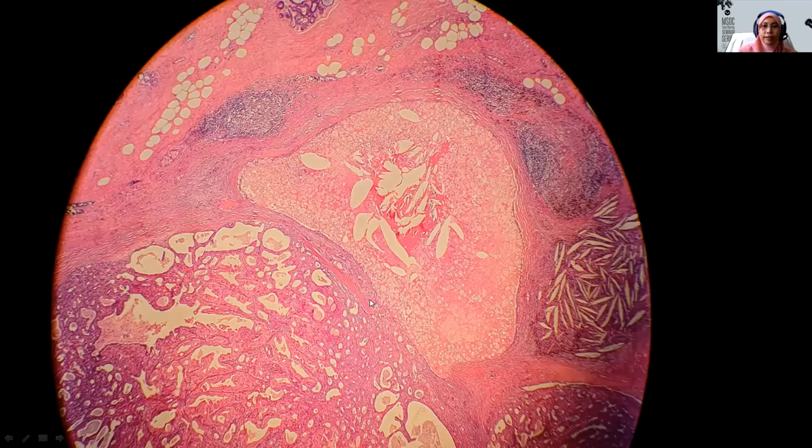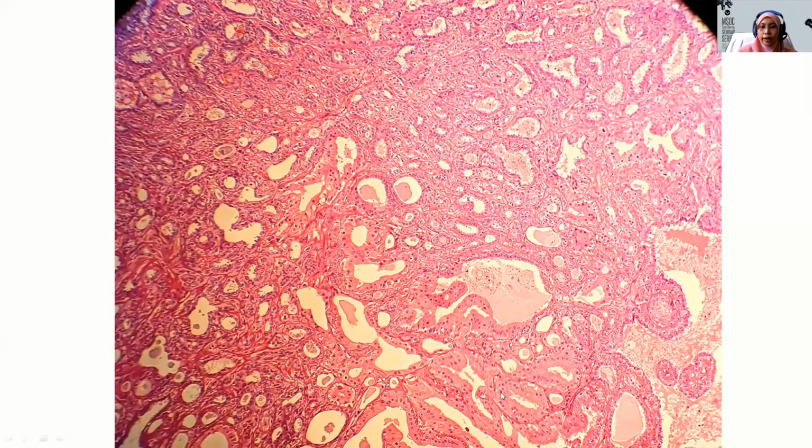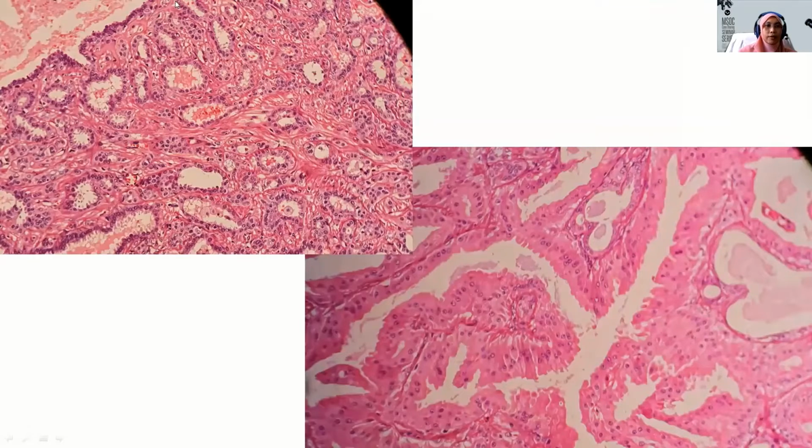This is the center of the lesion, apocrine metaplasia, if you can appreciate here. And this area looks like a benign papilloma-like lesion. On higher magnification, this is non-apocrine, and this one is the apocrine changes. It looks larger, very florid. So sometimes the pathologist has difficulty even diagnosing papillary structures with apocrine changes.